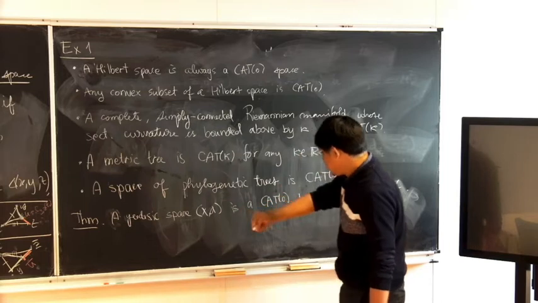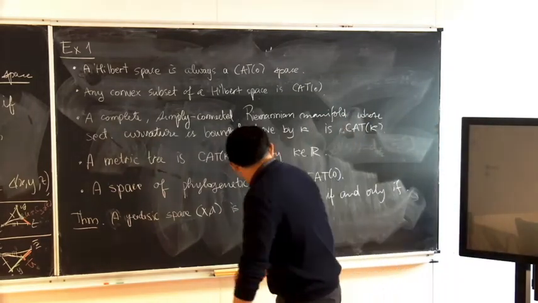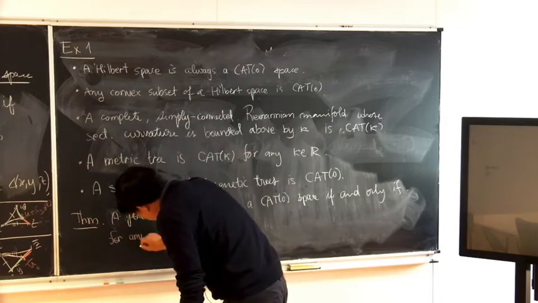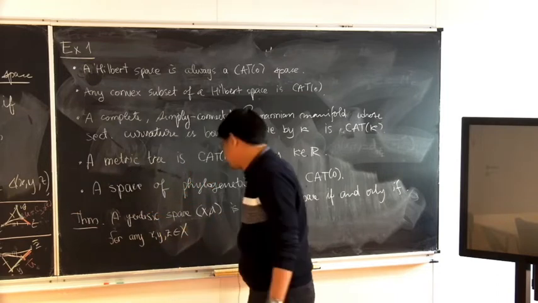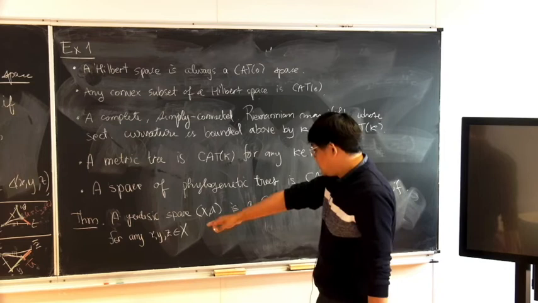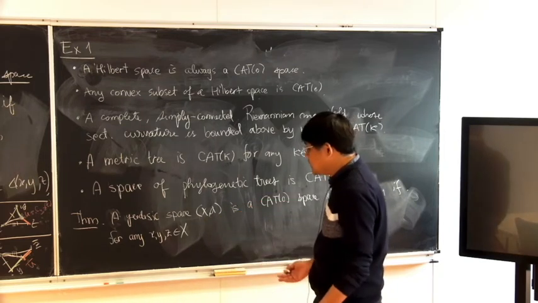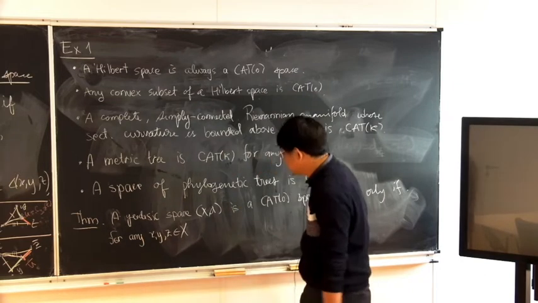So a geodesic space is a CAT(0) space if and only if for any x, y, and z in X, and every 3 points will satisfy the perimeter condition, because D kappa, when kappa equals 0, is plus infinity.